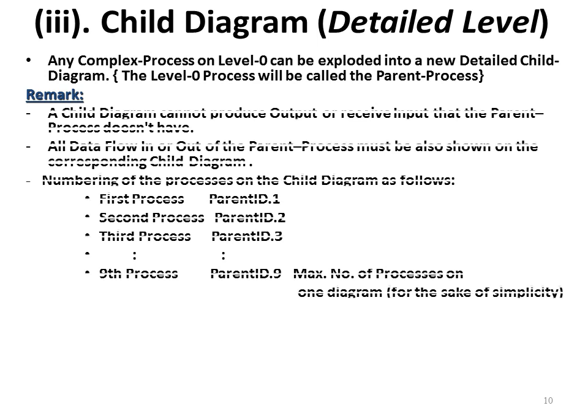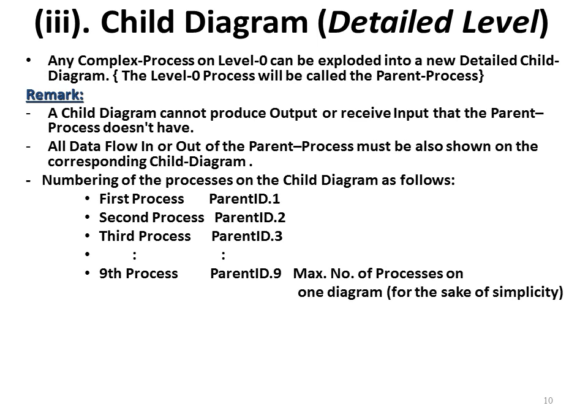The next level of DFD is called child level 1, or child diagram, and this level contains more descriptions, more details about the payment process.